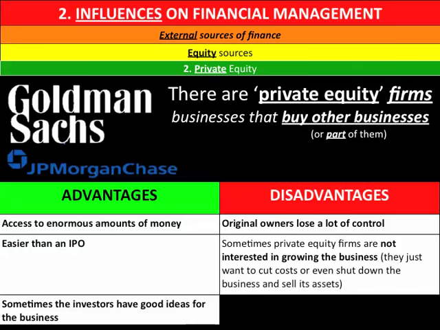You've kind of sold your soul, but you've also sold the future rights to your business. And sometimes the private equity firms aren't even interested in growing your business. What they want to do is cut costs so that your business becomes more profitable, but maybe not the type of business that you would want. They might want you to do unethical things, and it's really their decision because they're the ones that gave you the money. Or they can even shut down a business.